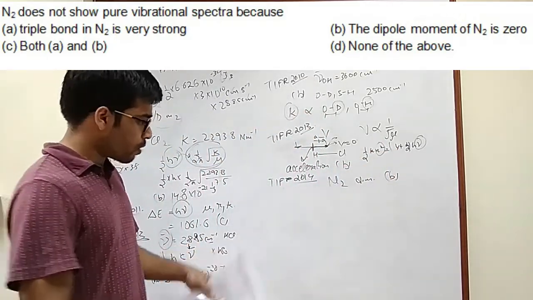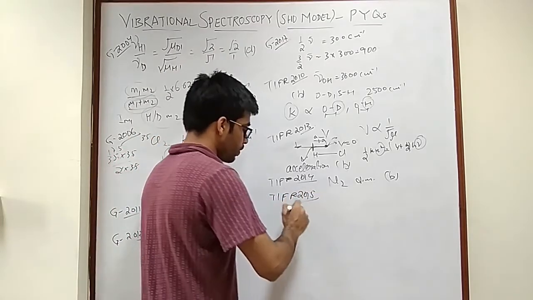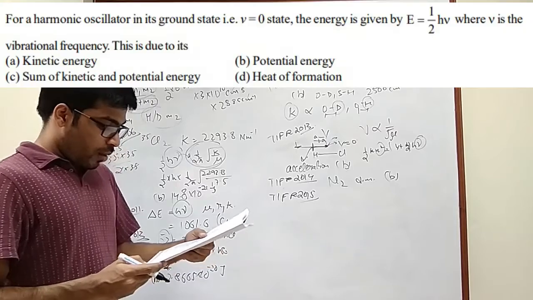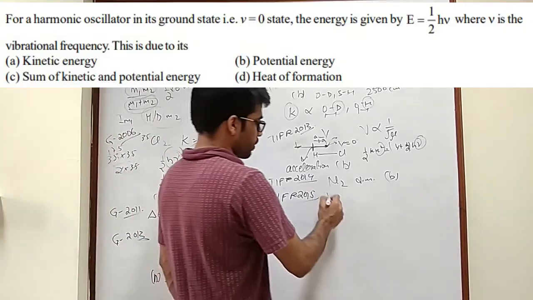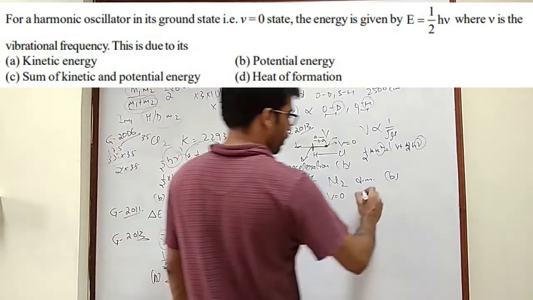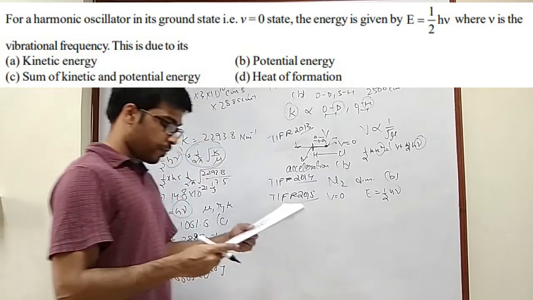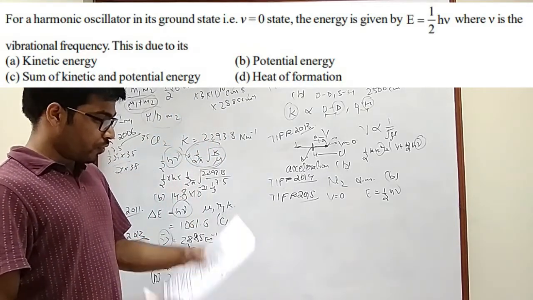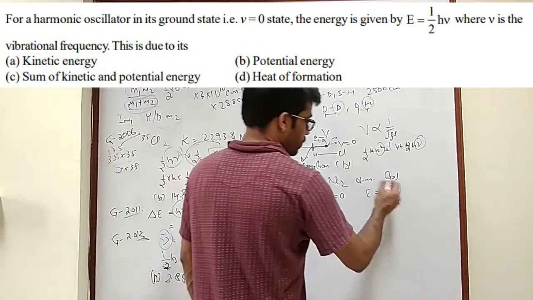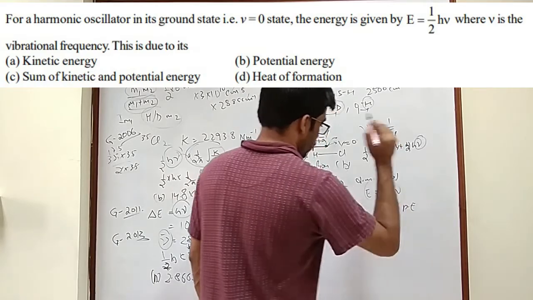The next question we have is from TIFR 2015. For a harmonic oscillator in the ground state, that means v is equal to 0, the energy is given by half h nu, correct? Where nu is the vibrational frequency. Now, this energy is what? This energy is both kinetic energy plus potential energy.